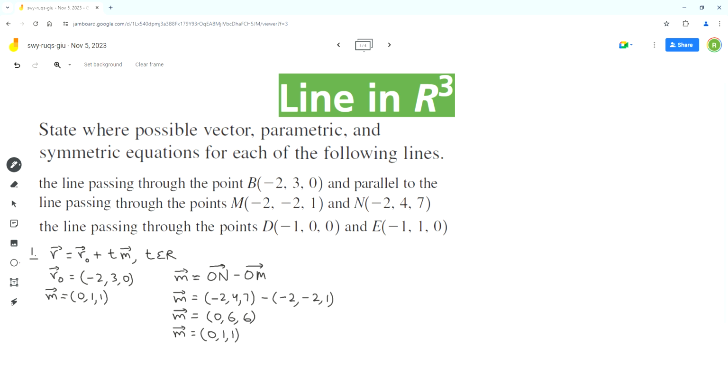Now we can write the equation in vector form. Now we can use this vector equation to find the parametric equation for this line. We have to use an unknown point x, y, z that lies on this line for position vector r.